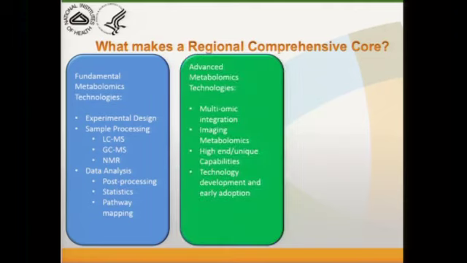And then in addition to that, they also have some unique technologies that they specialize in. For example, Dr. Arthur Edison's group specializes in isotope ratio analysis, and Oliver Fiehn, multi-omic integration and imaging technologies and various other things.